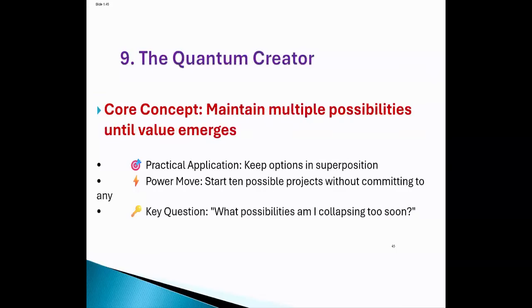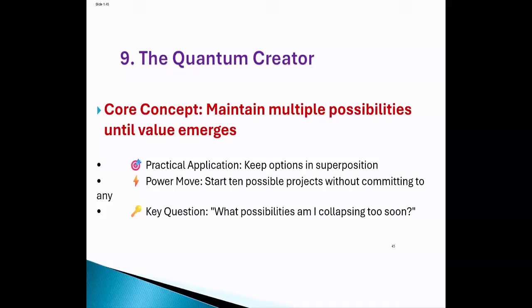Quantum creator, maintaining multiple possibilities until value emerges. So that means working like a quantum computer. Multiple possibilities. And see what you can create out of them. So that means surfing multiple possibilities until value emerges.